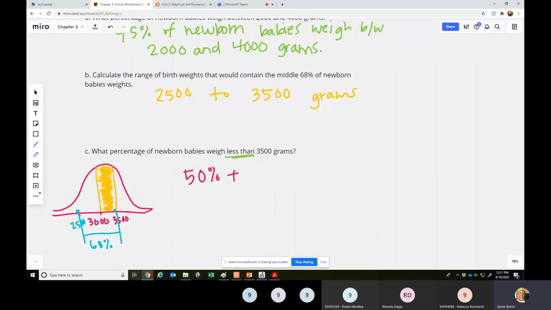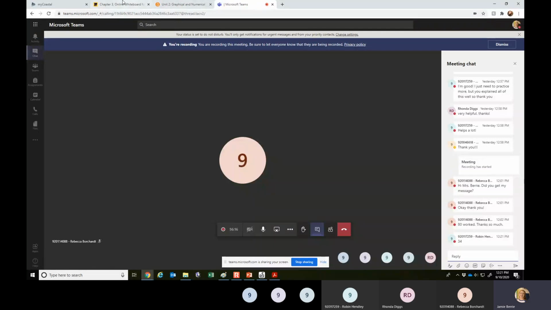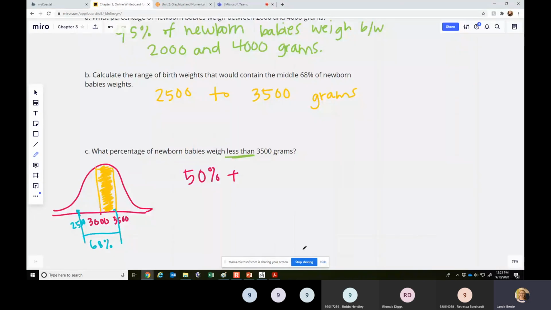So what is half of 68? What would half of 68 be? 34? Yes, good job, Robin. So 34% would be in this tiny little column here.